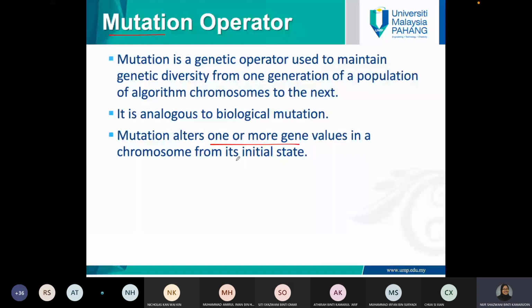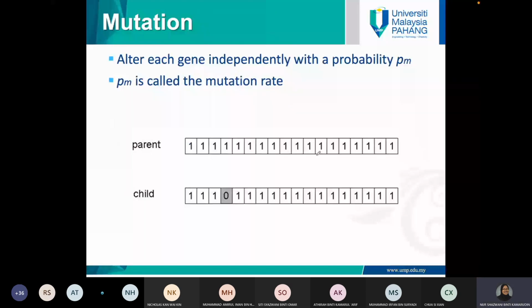Let's take a look at the example. We are trying to mutate these parents. Since this is a binary string, you can only change the value to either 0 or 1. We change this gene in the chromosome, changing 1 to 0.